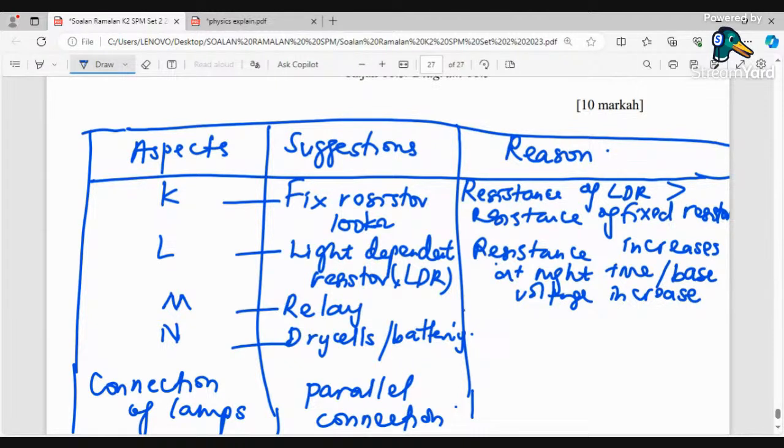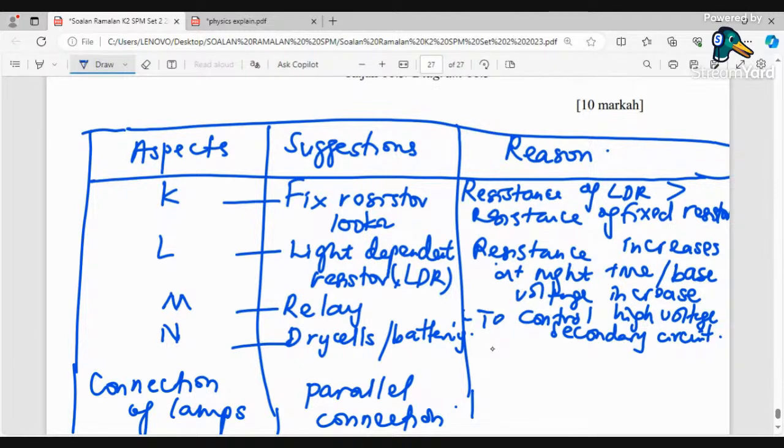Okay, relay. Okay, to control atau to on high voltage secondary circuit. Okay.